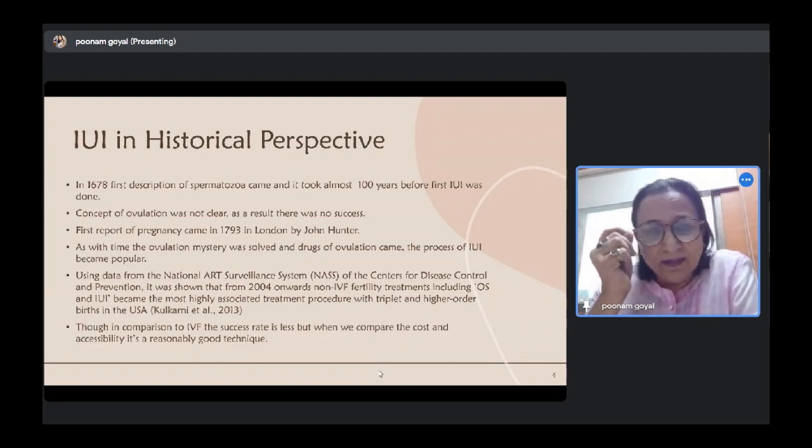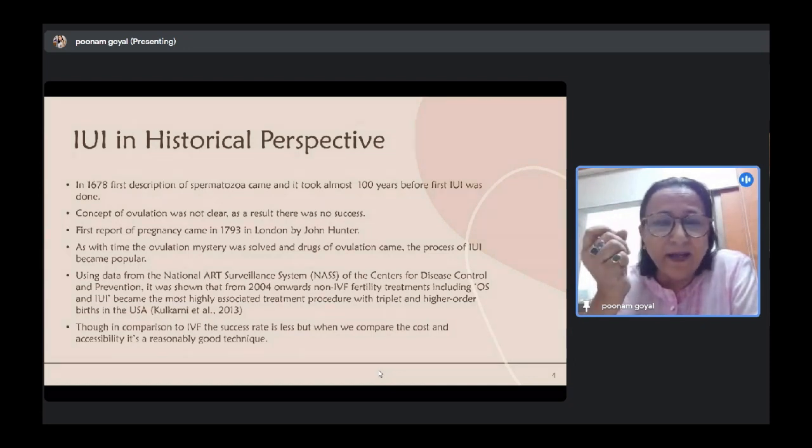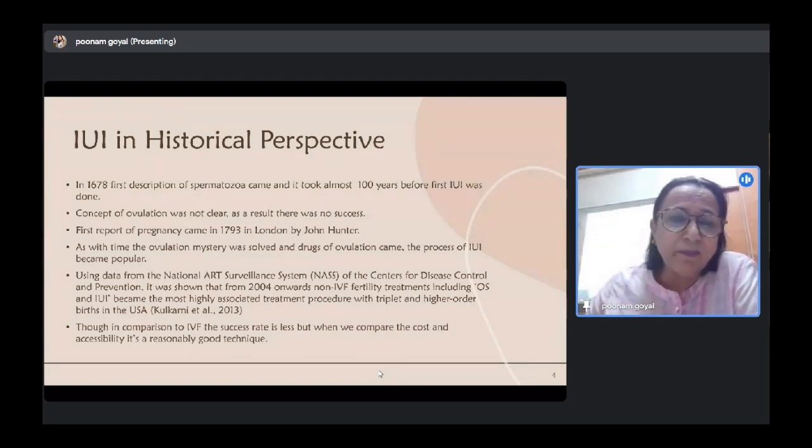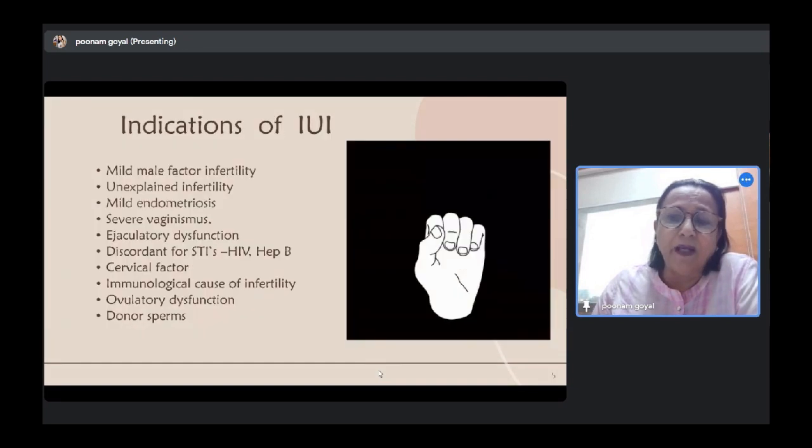But triplets and high-order births were reported in the USA. In comparison to IVF, the success rate is less. But when we compare everything, like cost, accessibility, and the training behind it, it is considered a reasonably good technique.